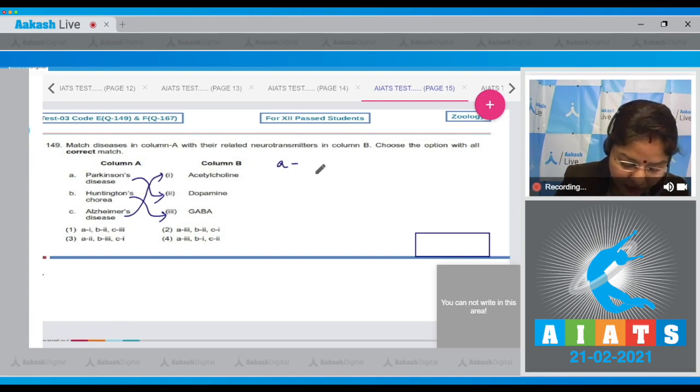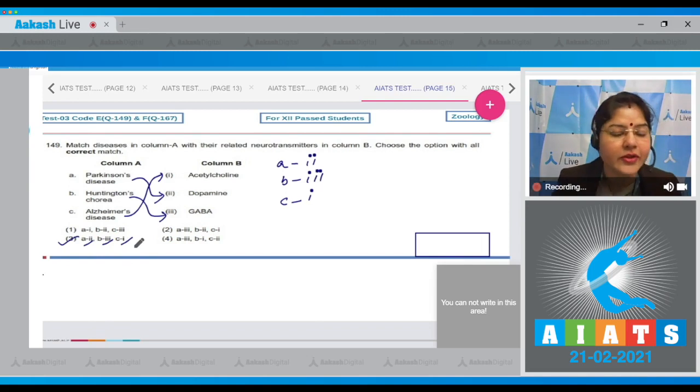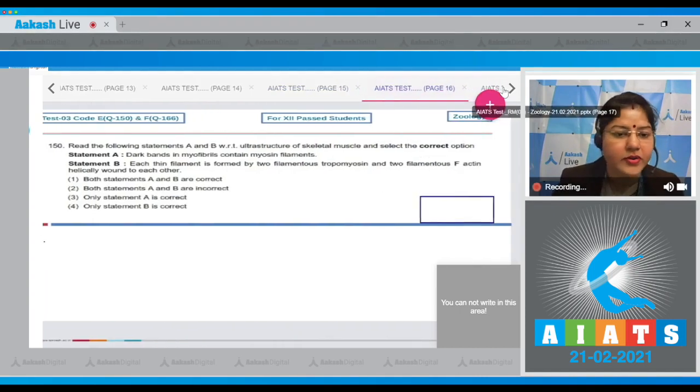So A matches with 2, B matches with 3, and C matches with first. And this combination is given in option number 3. A with 2, B with third, and C with first. So correct answer to this question is option number 3. Let's move on to the next question.